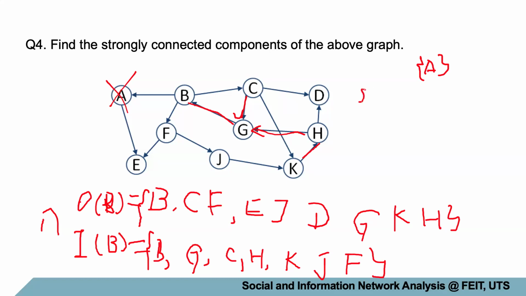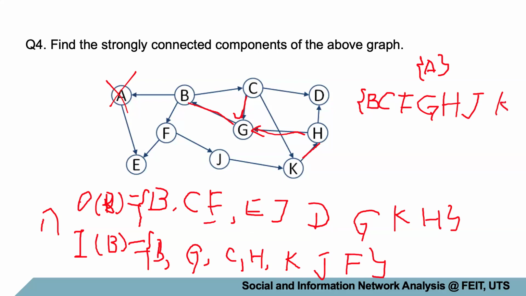we have the SCC that B belongs to: B, C, F, G, H, J, and the last one is K. D is in one set, E also in one set, so they are excluded.